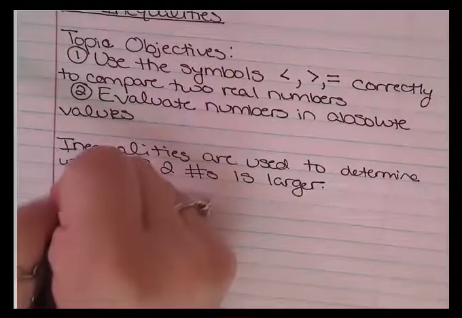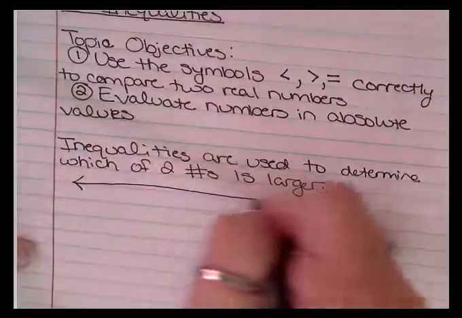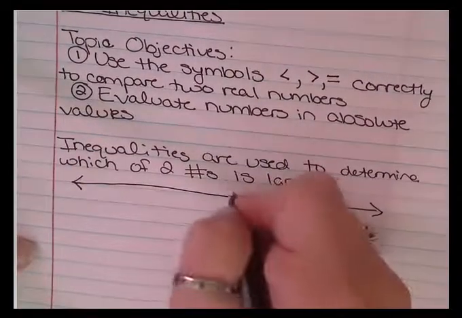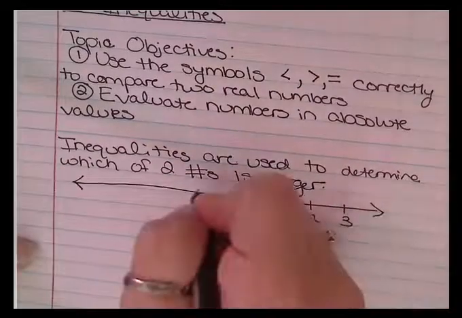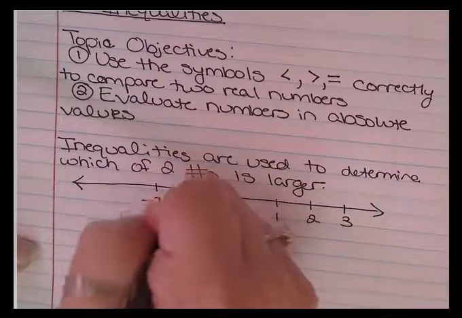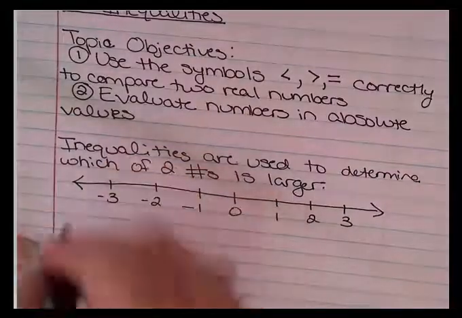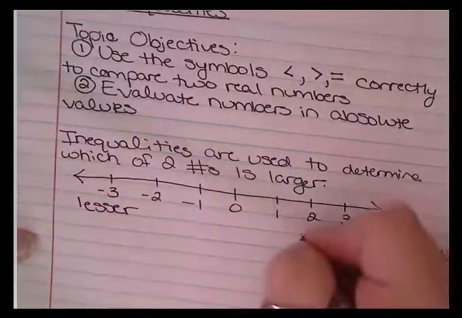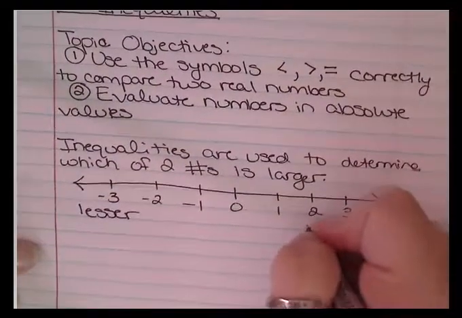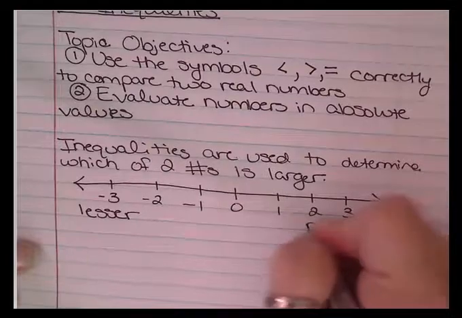When you look at a number line with 0 in the middle, and then we have our 1, our 2, our 3, we have our -1, our -2, our -3. Numbers on the left are going to be lesser, and numbers on the right are going to be greater.